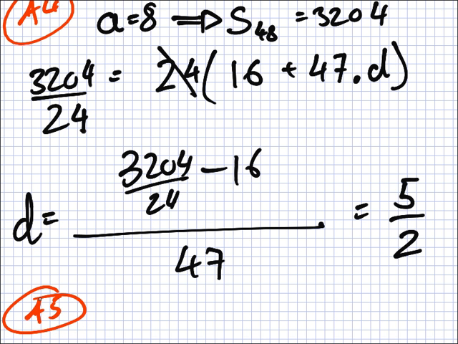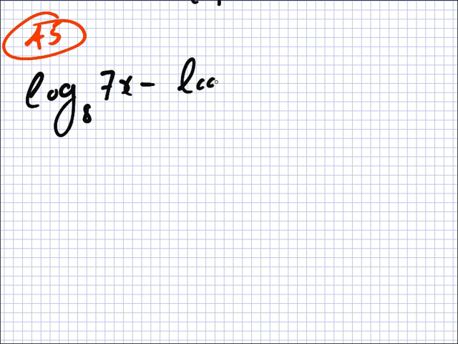The next one is a log you have to solve. Yeah, so 5 here, you have to solve this equation: log base 8 of 7x minus log base 8 of x plus 4 equals 1 over 3. And you're told x is positive.